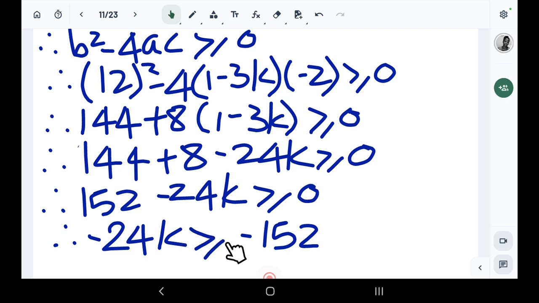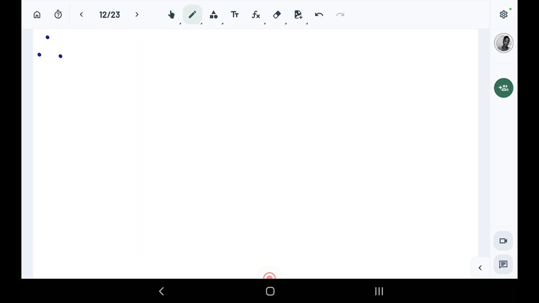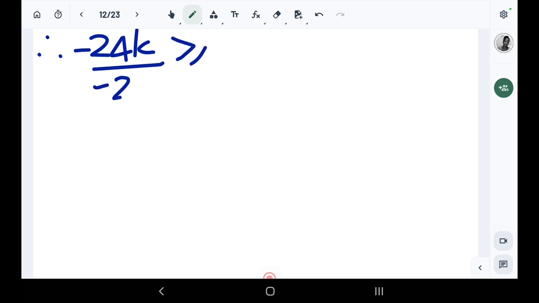This changes from greater than or equal to, to less than or equal to. And you will see exactly what that means. So you divide both sides by negative 24. Negative 152 divided by negative 24.